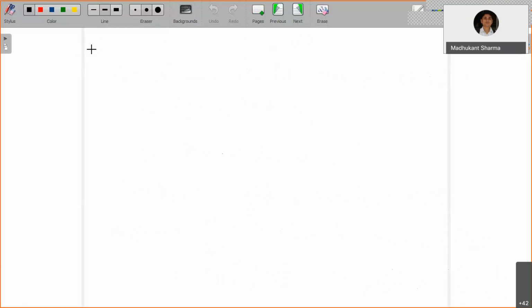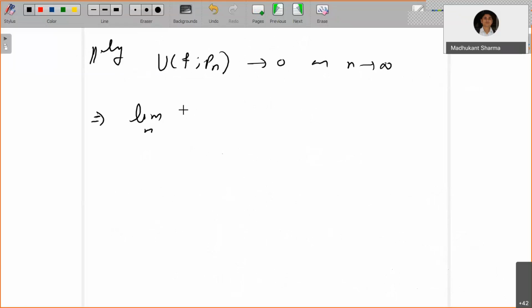Okay, so similarly, U of f, P_n tends to 0 as n tends to infinity. So this implies the limit of U of f, P_n minus L of f, P_n is equal to 0.